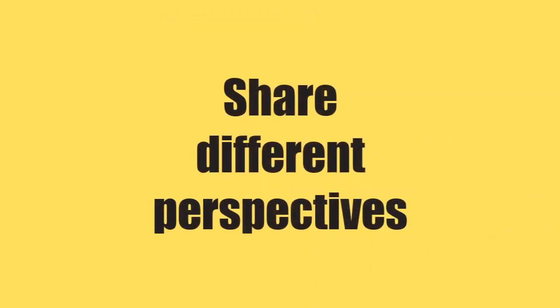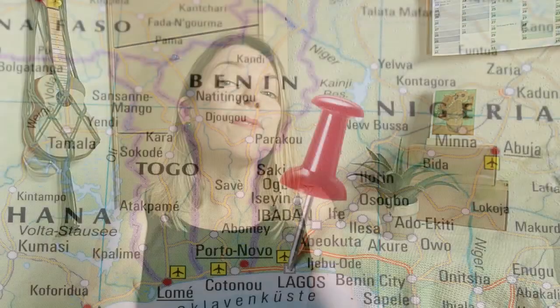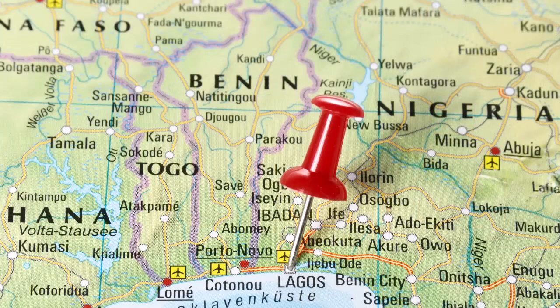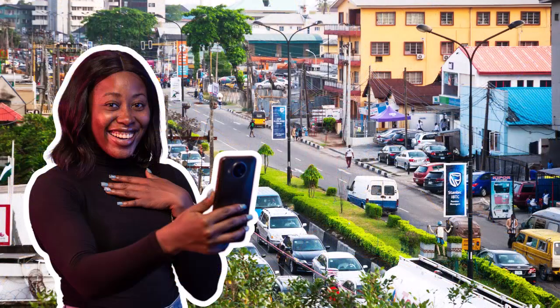We also need to consider the cultural relevance and authenticity of the materials. It's important to expose our students to a variety of perspectives and cultures, so make sure the materials you choose represent diversity. We might also need to adapt the materials to make them accessible and engaging for young learners.